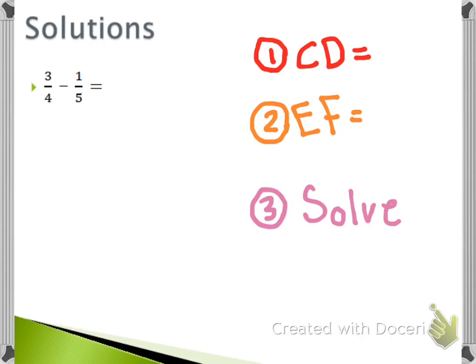So first, I need to find the common denominator between 3/4 and 1/5. And I'm going to do that by multiplying the two denominators. So we have 4 times 5, and that's going to give me 20. And so the common denominator between 3/4 and 1/5 is 20.